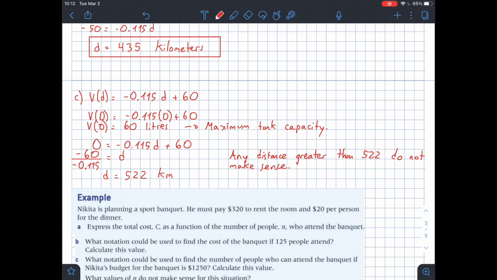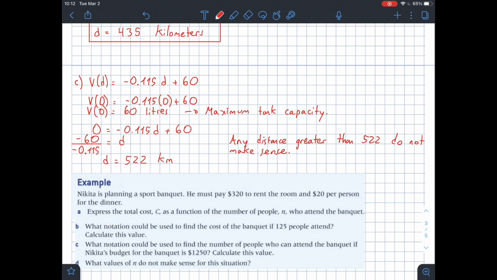Why? Because we already finished our tank fuel after covering 522 kilometers. We would have to refill our tank in order to be able to keep on traveling, right? So this would be the answer.